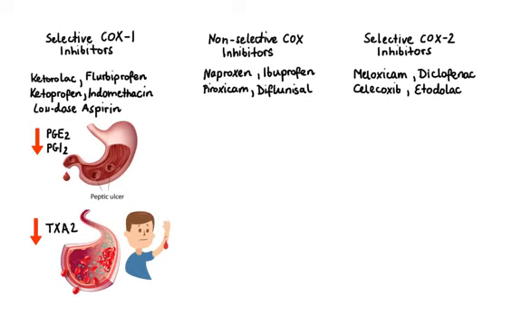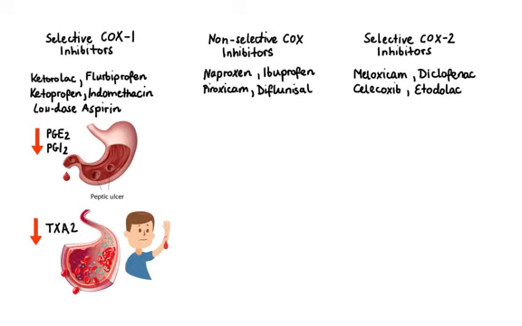Moreover, because platelets don't have nucleus, they can't make new enzyme, so aspirin-induced antiplatelet effect persists even after aspirin therapy is stopped, as it takes several days for the new platelets to replace the old ones.